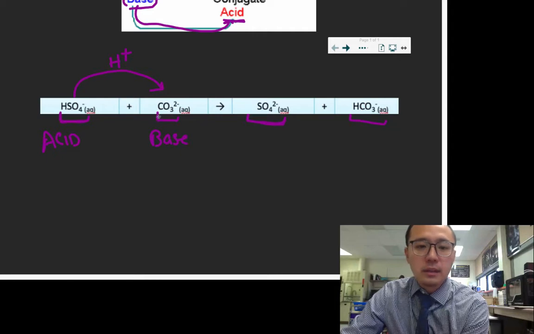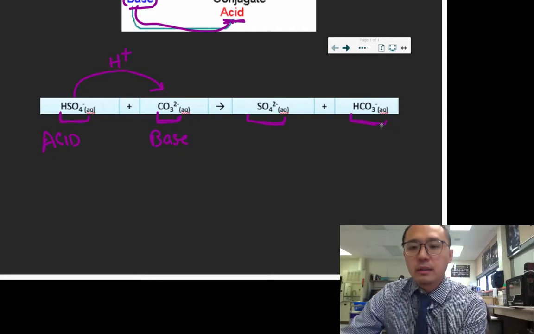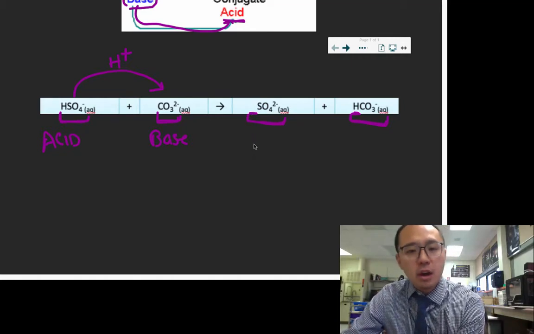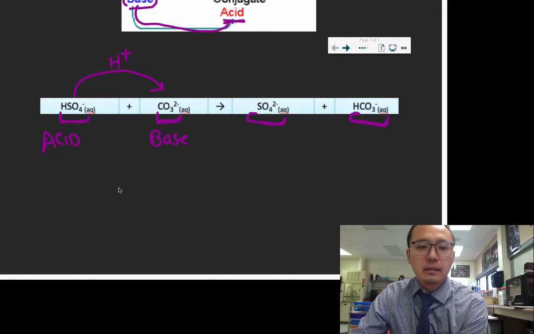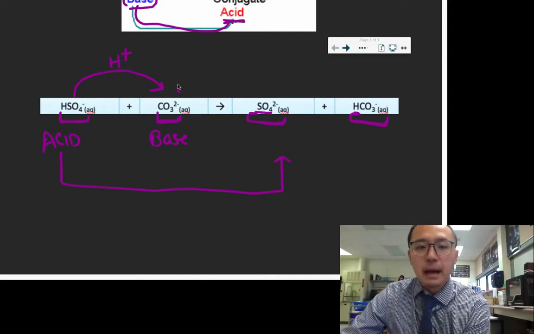Is this right? Did this accept a proton? Yeah, it did, because if we look at the product, it has that extra H here, and your SO4 has lost the H. So then which one is my conjugate acid and which one is conjugate base? All you really have to do is find the same chemical compound, SO4, that's the backbone of your compound here, and this is your CO3.